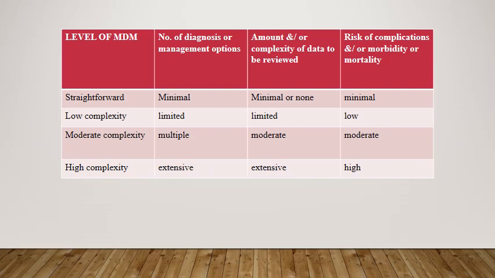Similarly, an example where the problem table is extensive, then data table is limited, and risk table is moderate, we have to consider moderate complexity, because among extensive, moderate, limited, the in-between complexity is moderate, right? So you have to take moderate complexity. So if all three are the same, you can take that particular complexity. If two are the same, also you can take that particular complexity. If three are different, you can take the intermediate level of complexity.